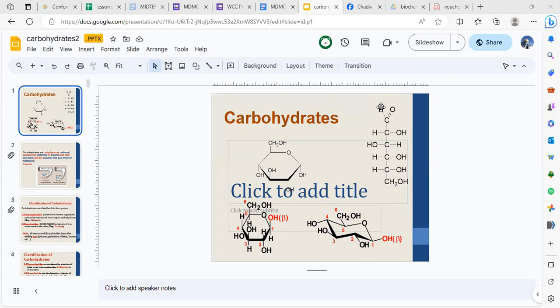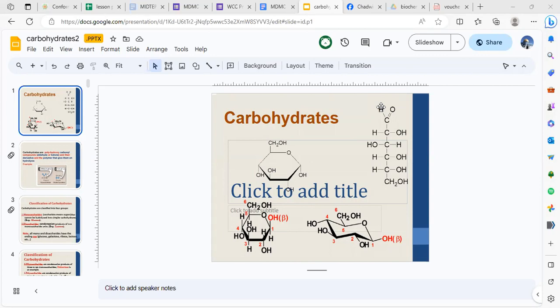So through the process of glycolysis and through the Krebs cycle and eventually the electron transport chain, which is basically overall the process of cellular respiration, where the glucose molecule is converted into energy.